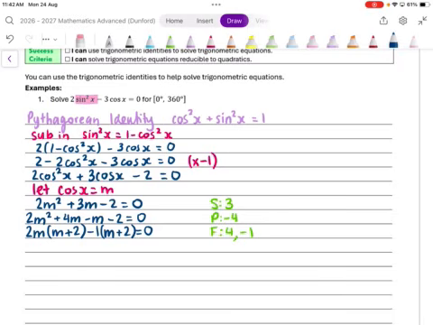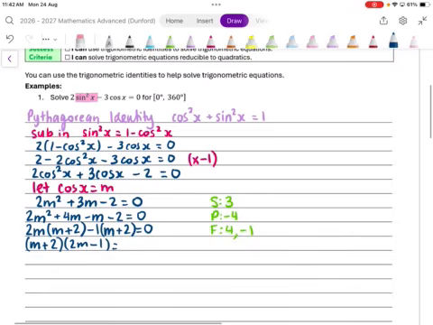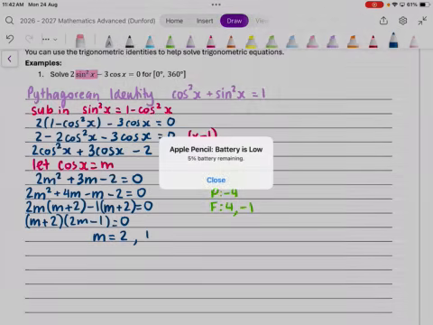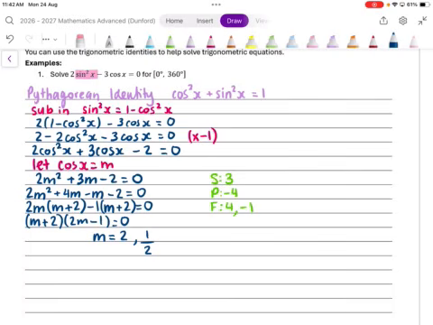So then what we get is our two brackets are going to be m plus 2 and 2m minus 1 equals 0. So what we'll have is that m equals minus 2, or it equals a half. Remember, we're doing our null factor law to solve for a half, but it's also our constant over our coefficient in a bracket as well.